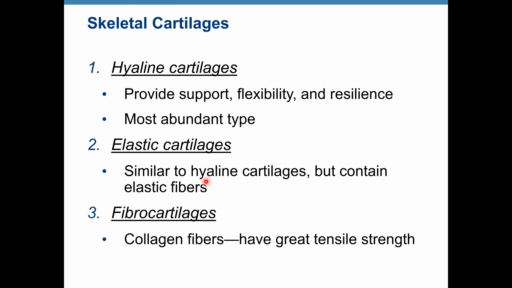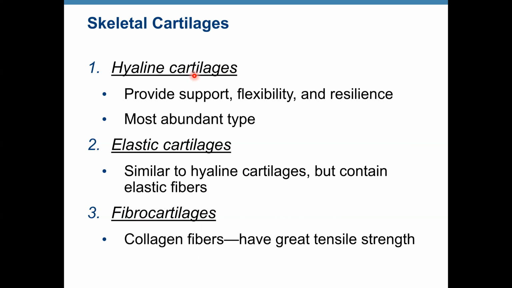Elastic is similar to hyaline, but elastic cartilage contains elastic fibers, and hyaline cartilage contains collagen fibers. Fibrocartilage also has collagen fibers, and it is the strongest out of these three.